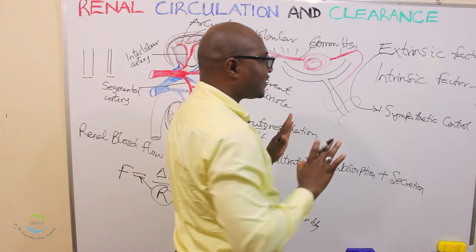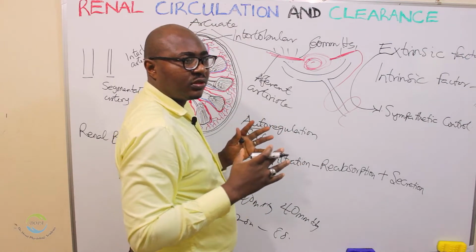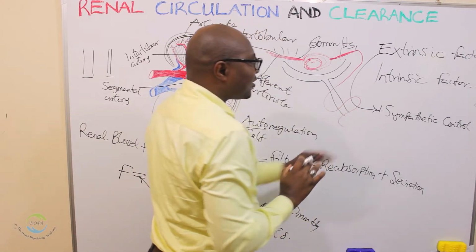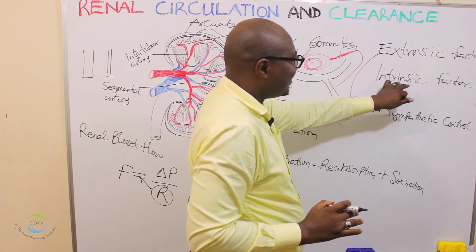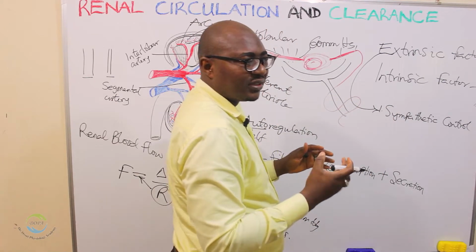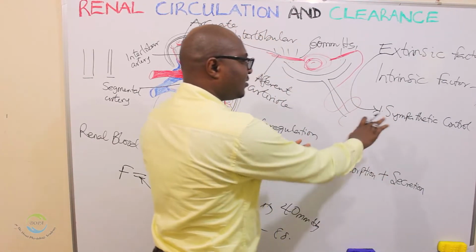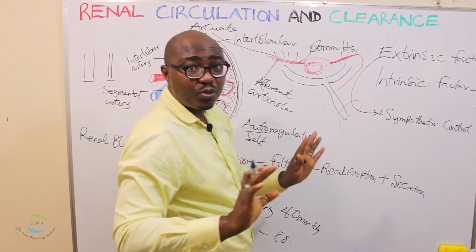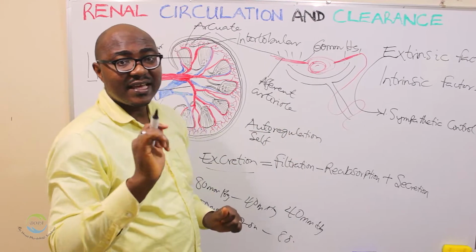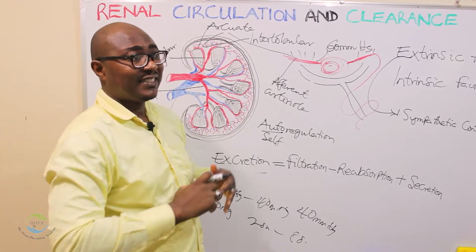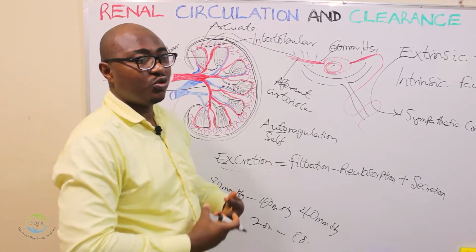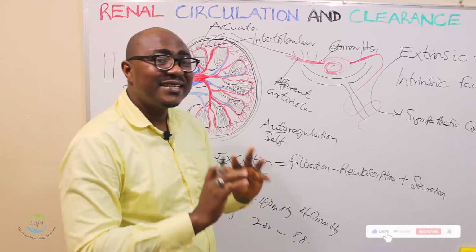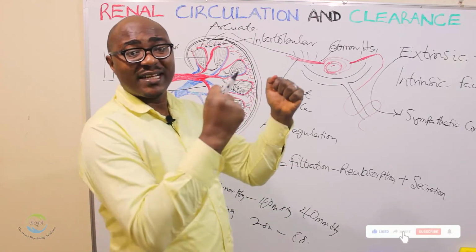But because you have a very powerful intrinsic autoregulation, it usually overrides the sympathetic control. So sympathetic control under normal circumstances is negligible. Except in extreme circumstances, like when you lose a lot of blood, the sympathetic nervous system is stimulated powerfully.